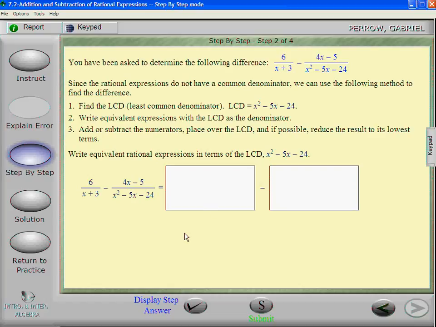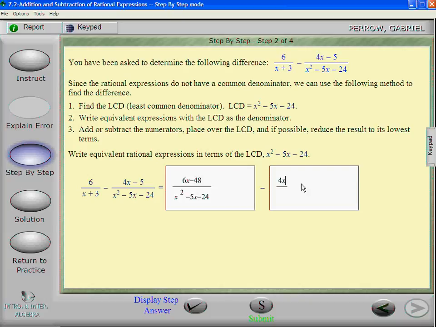Okay, alright, so they're going to have us modify these if necessary. The left-hand fraction, 6 over x plus 3, is going to become 6x minus 48 over x squared minus 5x minus 24, and the one on the right is going to stay the same.